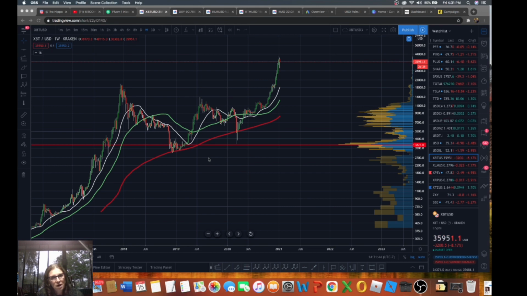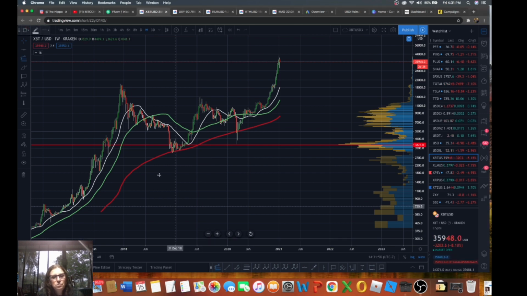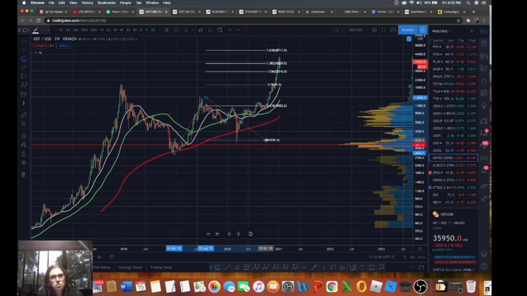So we're going to start out on the weekly time frame for Bitcoin, and we're going to talk about the bullish scenario first. There is only one bearish scenario left. So the bullish scenario, we are thinking that this is a wave 1 here and a wave 2.